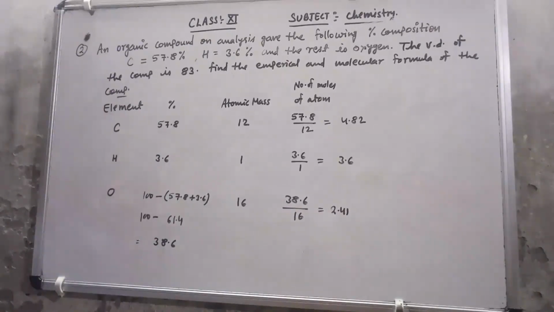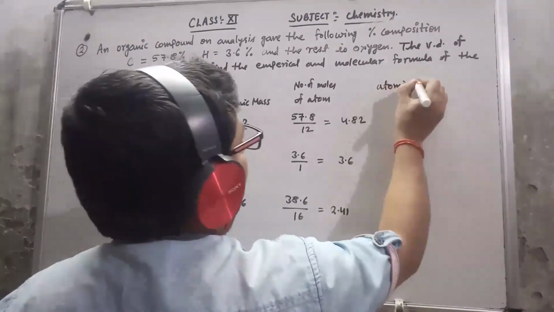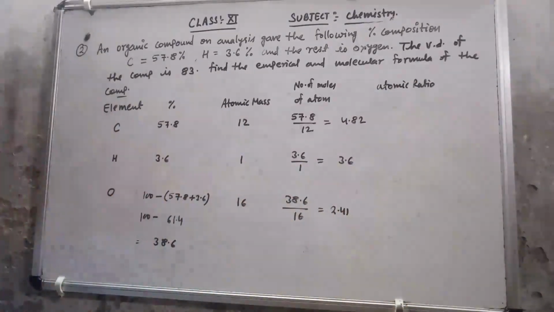So what to do? We have to find the mole ratio or atomic ratio; either can be written. How to find the atomic ratio? Every number of moles is divided by the minimum number of moles.